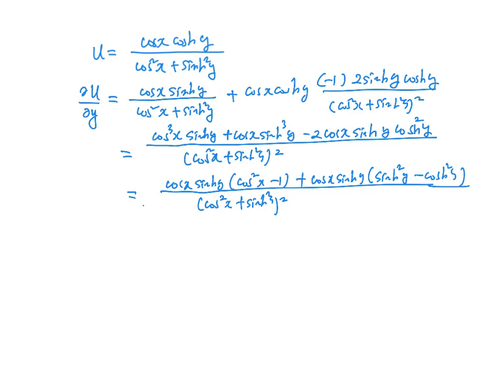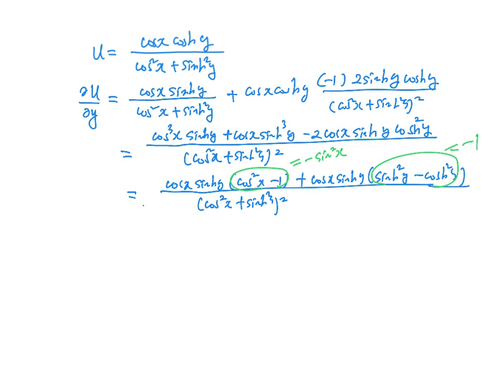So this is minus 1. And this becomes cosine square x minus 1 is minus sine square x. And cosine x sine hyperbolic y is common, right?